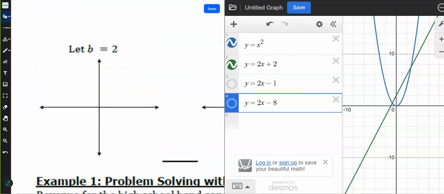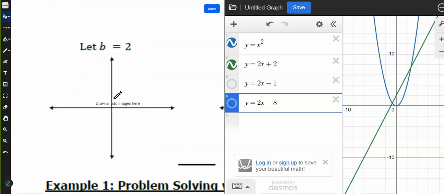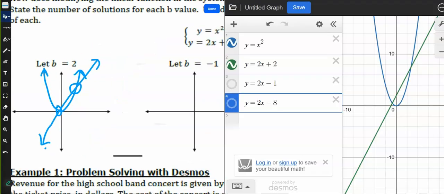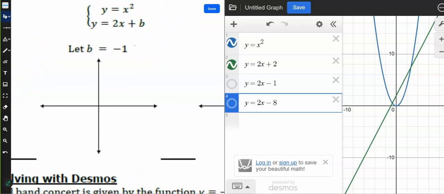I'm not sure they're asking me for anything but a sketch. So hopefully, oops, that ain't very good. You do something like this, where you can see two different spots, one over here and one over here. Okay, so let's see what happens on the next one.